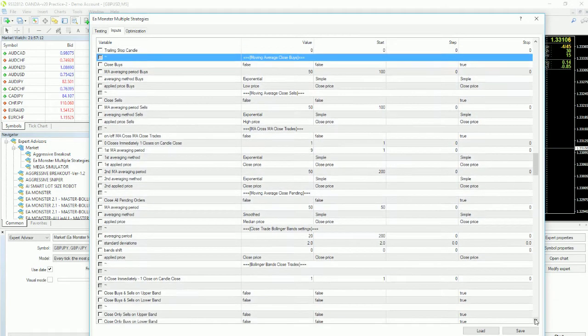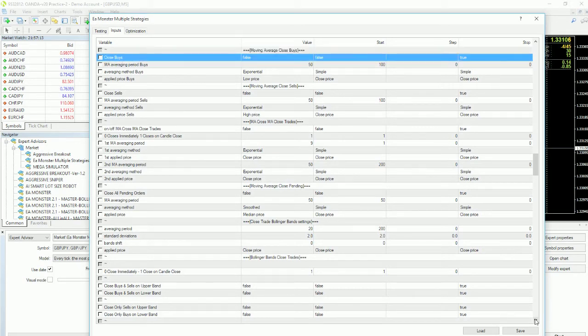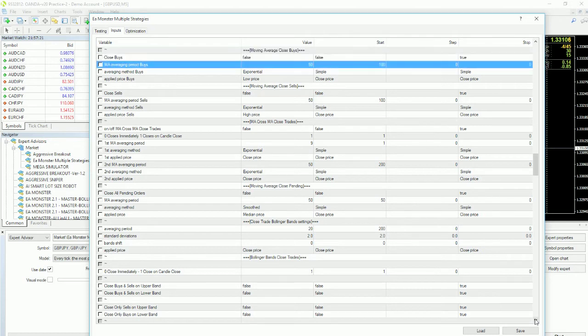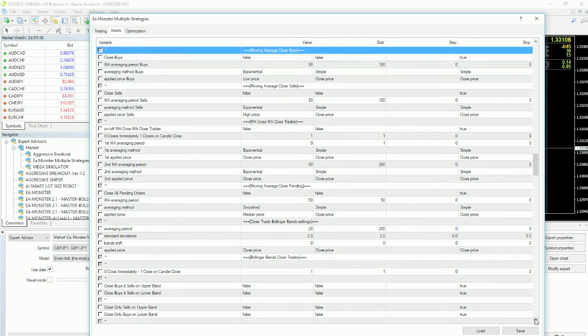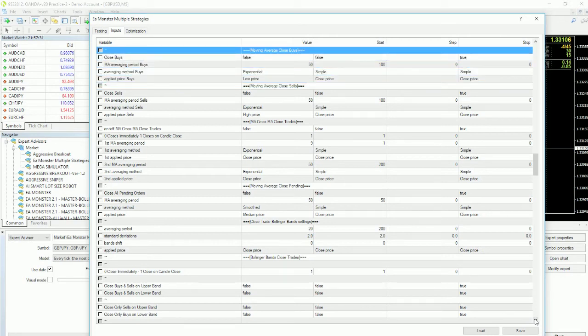If you go to moving average, close buys, this here is when the price hits this moving average, it's going to close your buys. And of course, this is another one where I have a separate moving average for the buys, a separate one for the sells. Why?